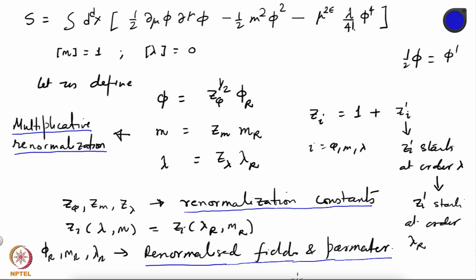I have said a lot of things here, but mostly it is just redefining something. Whether all this will be useful or not, we have to see later, but no one can stop me from doing what I have done just now. You cannot say that I cannot write phi as z phi to the half times phi r, because this is allowed. I can redefine the field. Similarly, the mass parameter, I can write as a product of these two, where z m is some constant, and z lambda is some constant.